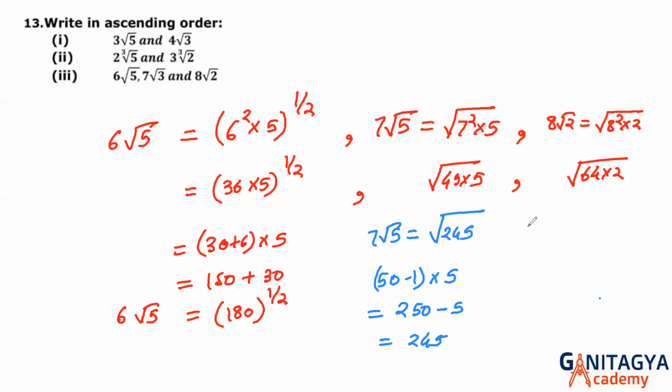And the third one is, oh sorry, this is 7 root 3. I have written 7 root 5, but in the question it is 7 root 3.